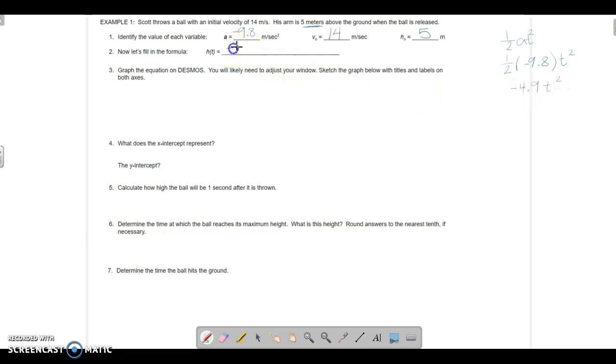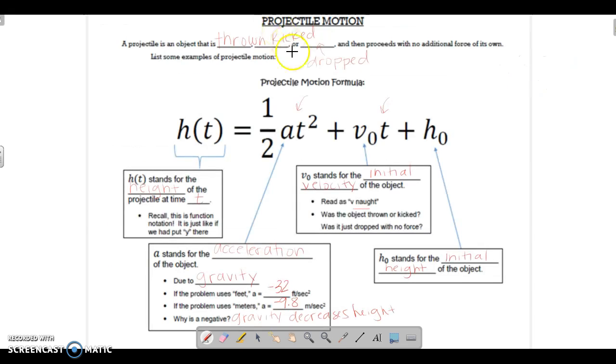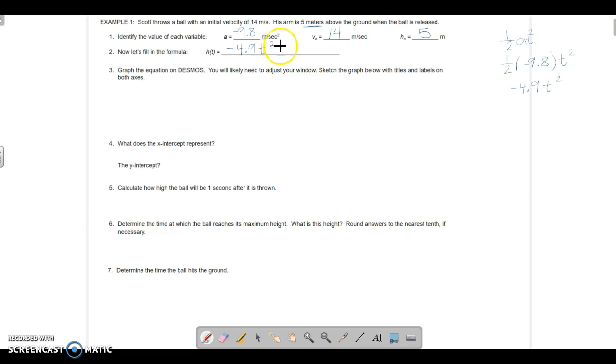So that's how we're going to start it, negative 4.9 t squared. And then the rest of the formula says plus v naught t plus h naught. So plus v naught was 14 times t plus h naught, which was 5. So there's our formula. And we're going to do everything else with this formula in Desmos.